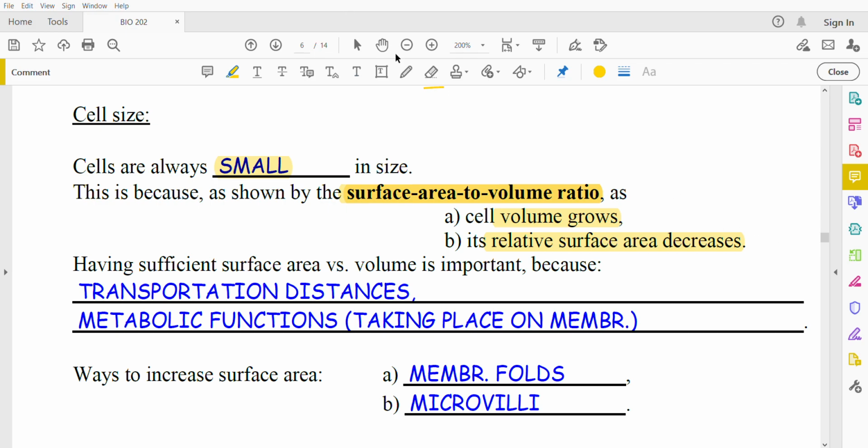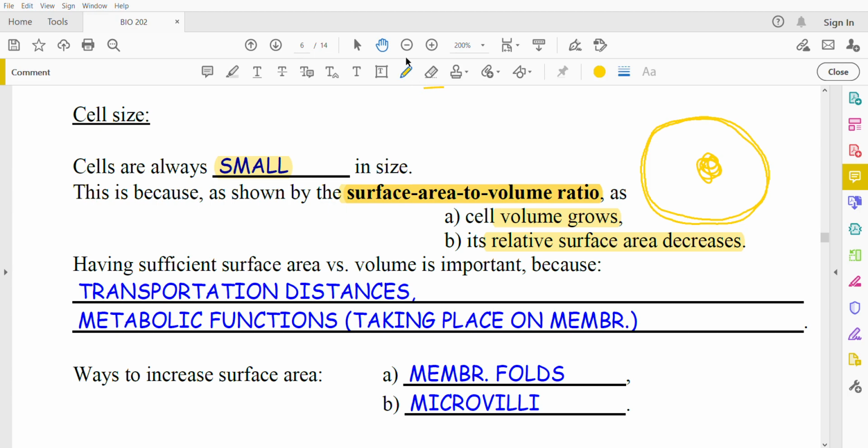What we mean by this is that we want cells to have a lot of surface area, a lot of this plasma membrane layer, the outermost layer of the cell. Once a cell grows a lot bigger, the ratio between the volume of the cell and the surface area of the cell decreases. So we're losing something that's really important for a cell to function ideally. That's why we want to keep the cells small.